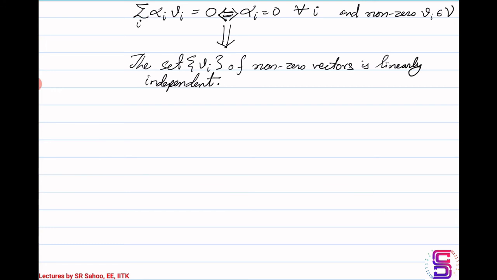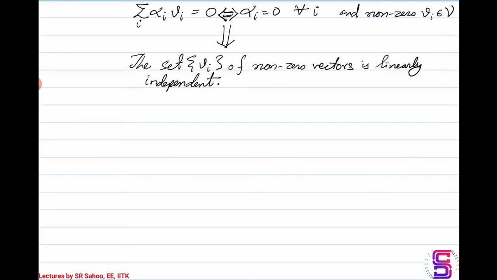You pick any vector from the set, and it can never be expressed in linear terms of the remaining vectors, what we would be calling a linear combination. We'll see it in the forthcoming lecture.